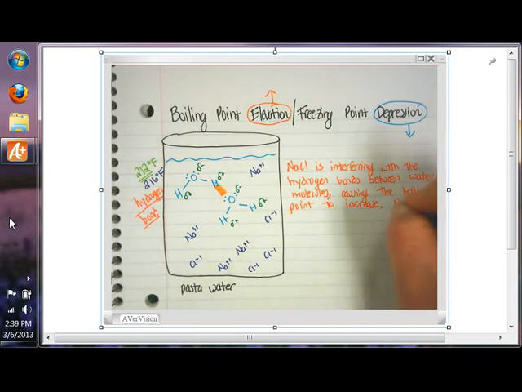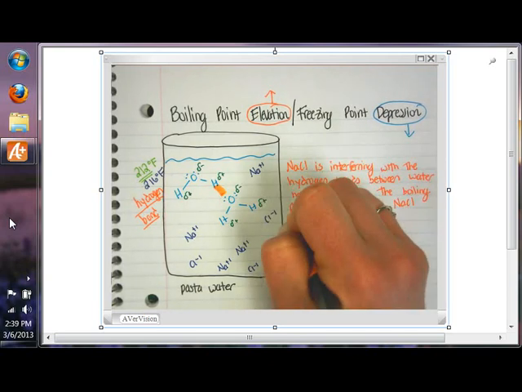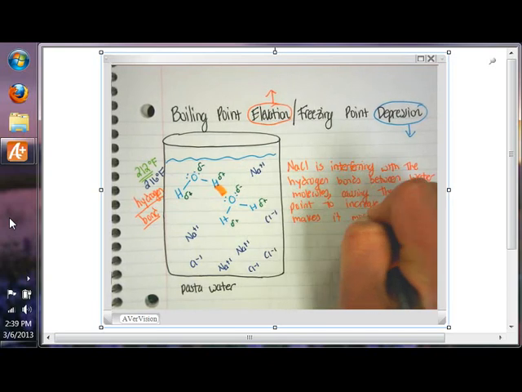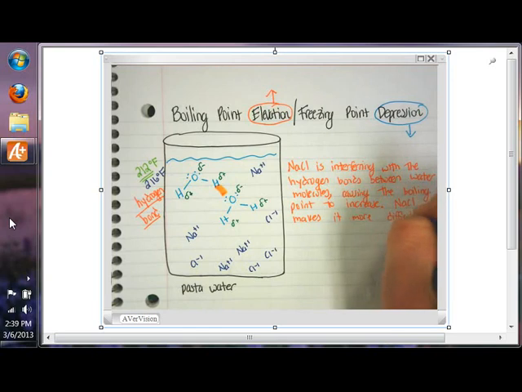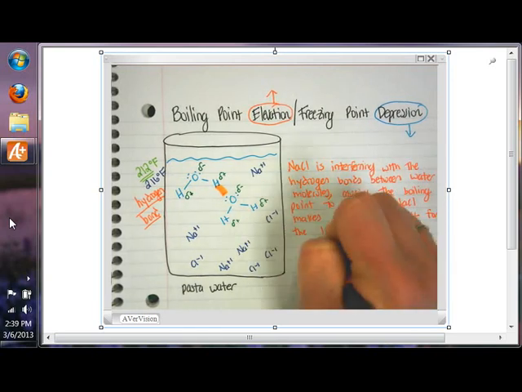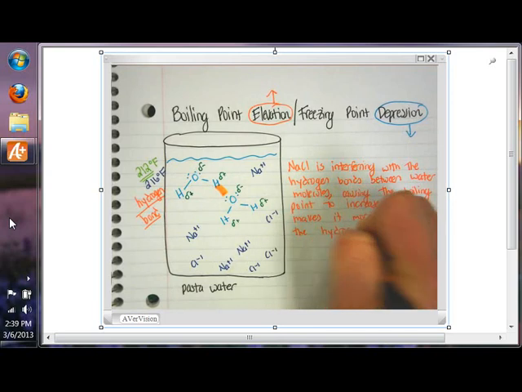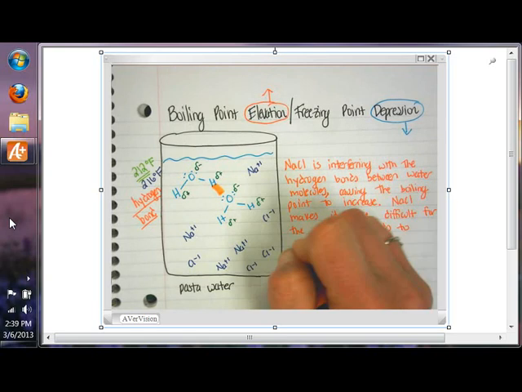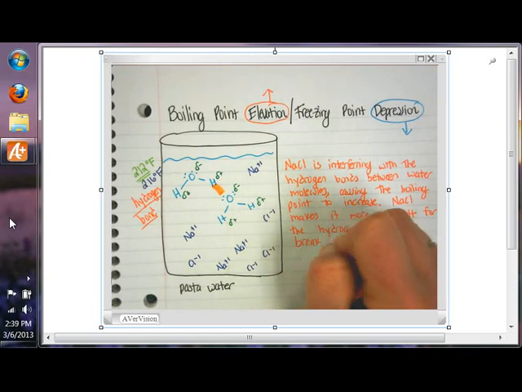NaCl, that's salt, makes it more difficult for the hydrogen bonds to break apart.